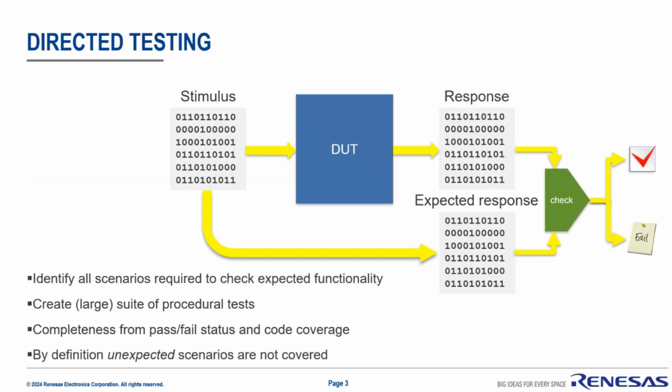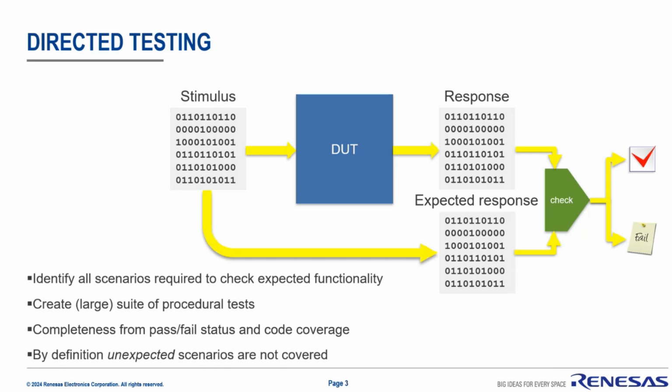So here's directed testing. We're trying to identify all the scenarios we need to check the expected functionality. This is the kind of thing I see quite regularly, where people start off with a story in the V plan. They'll say, well, we need to provide this stimulus, then check that when we move on to this scenario. It's very much a story type scenario.